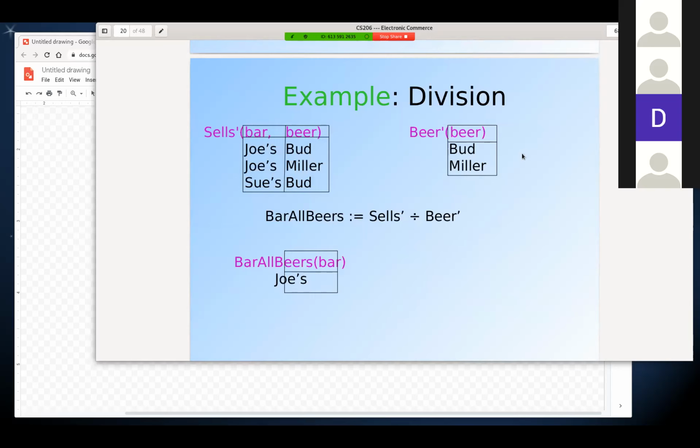All right. So that's another way of saying: give me all the bars for which there does not exist a beer which they do not serve. Does that make sense? I just want to get you used to thinking this way. Are the bars that serve all the beers equivalent to the bars for which there does not exist a beer they do not serve?